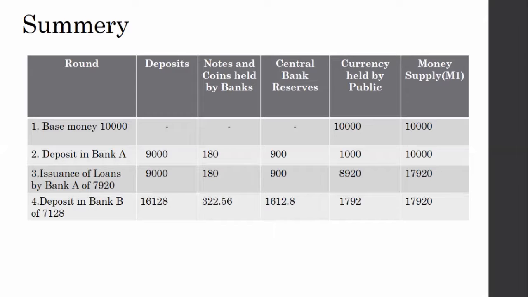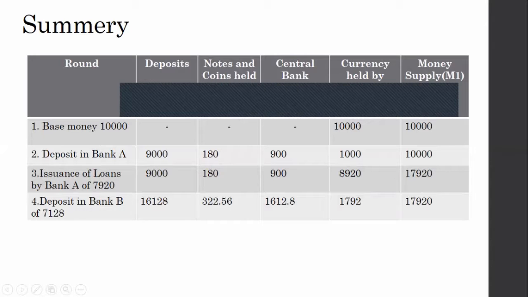So the 792 will be added to the currency held by public, but that 1,000 was there from the beginning. So 1,000 plus 792, we receive 1,792 now currency held by the public.